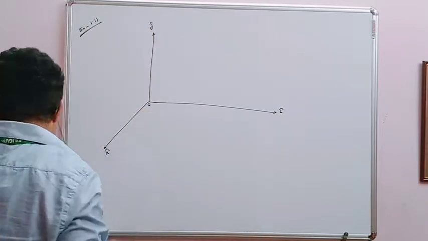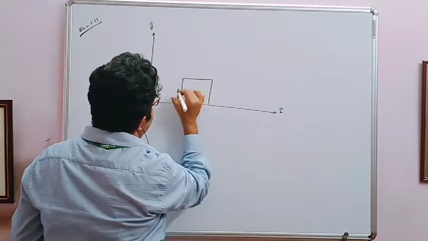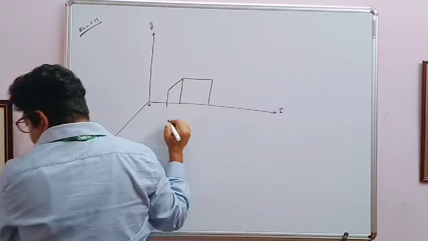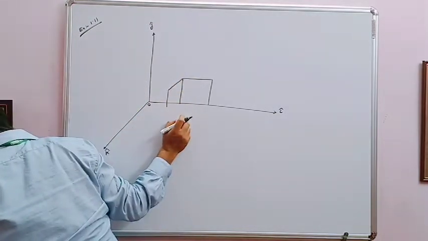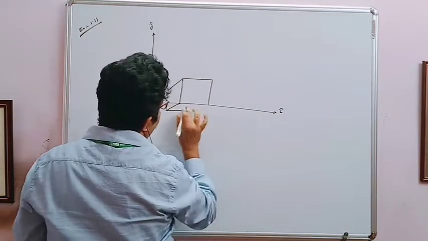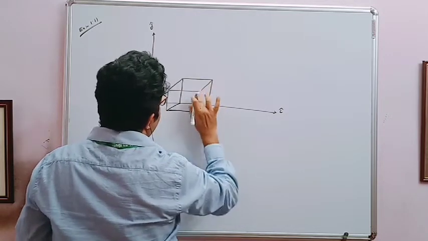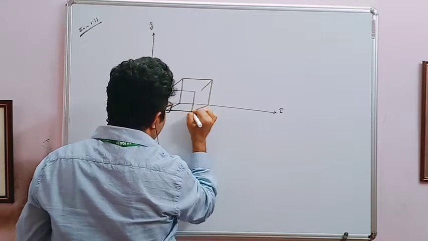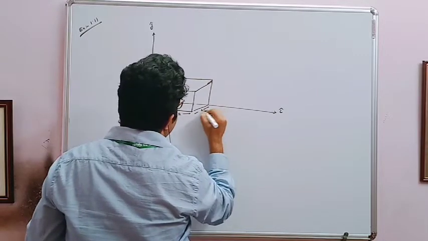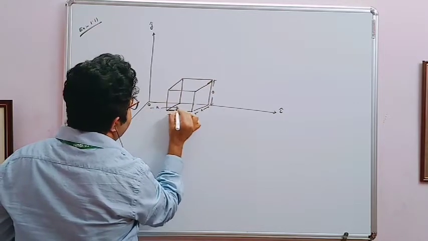This one is the origin and a cube is put here, whose length, breadth and height is A, and which is at a distance A from the center.